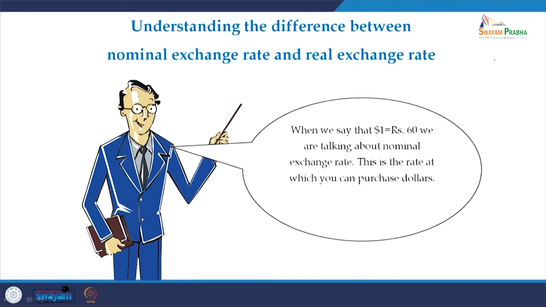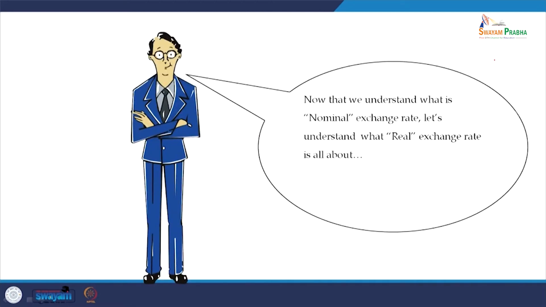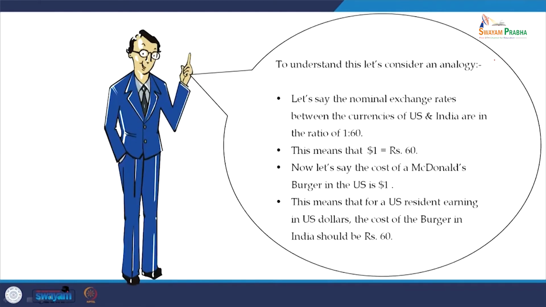We are talking about this number called the nominal exchange rate. 60 is the nominal exchange rate against $1, and this is the rate at which we can purchase dollars. Okay. Now, we understand what the nominal exchange rate is very clearly. Let us understand what we mean by real exchange rate and how it gets determined.